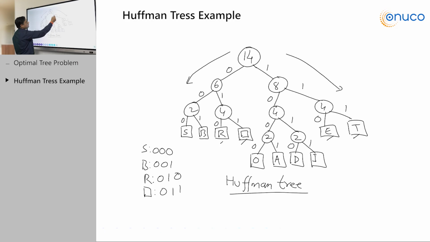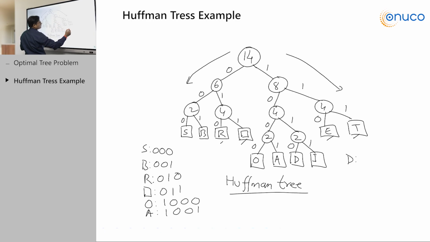Similarly, what about O? O is 1, 0, 0, 0. A is 1, 0, 0, 1. Similarly D, D can be written as 1, 0, 1, 0.